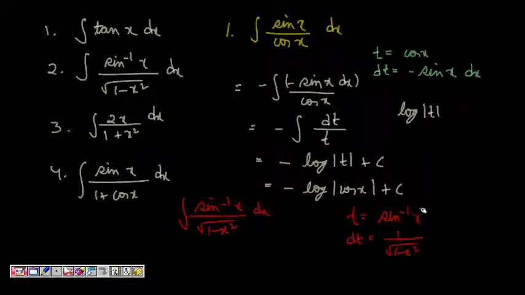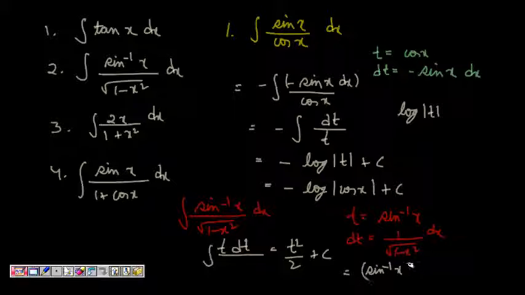If we differentiate sine inverse x, we get 1 by root under 1 minus x² dx. So this whole thing becomes dt, and sine inverse x is t, so t dt. This is t² by 2 plus c, which is (sine inverse x)² by 2 plus some constant. So we are done with the second example.